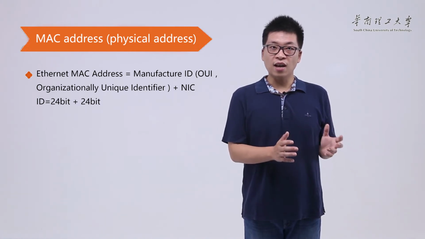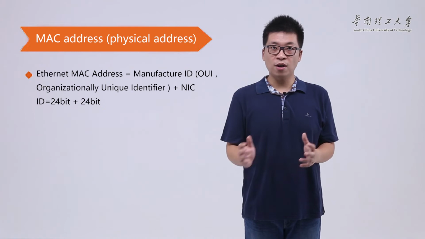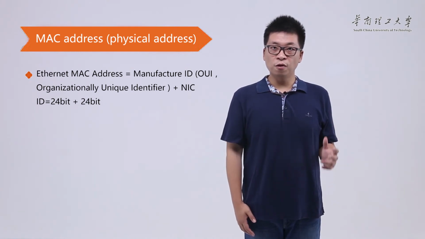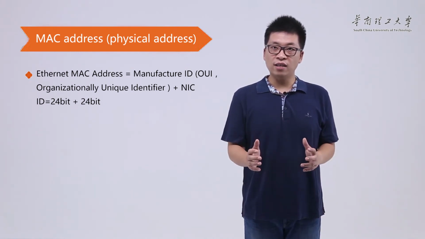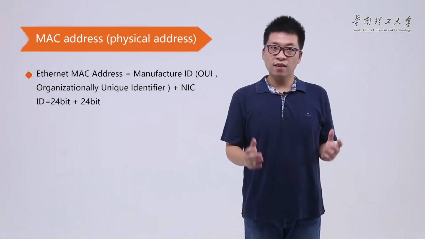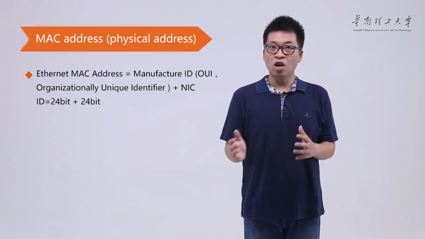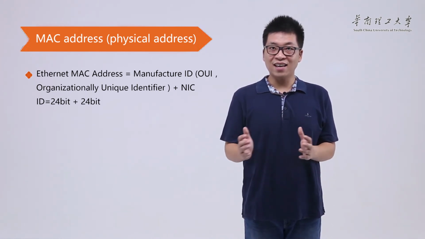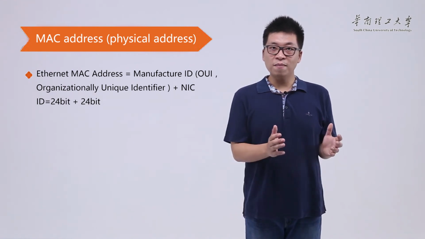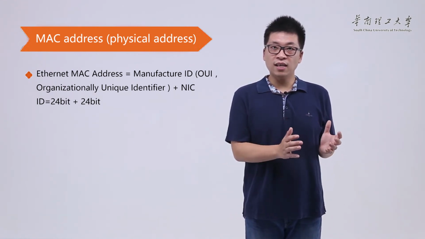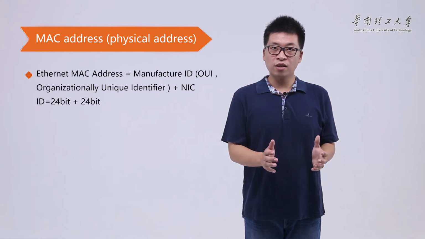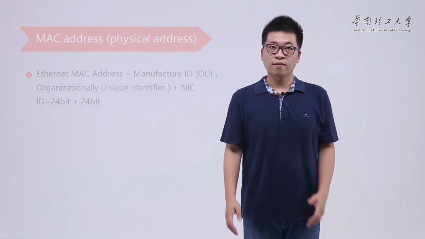These bits are divided into two components, a 24-bit manufacturer ID and a 24-bit network interface card ID, also called the NIC ID. For a given MAC address, we can easily find out the manufacturer of the device.